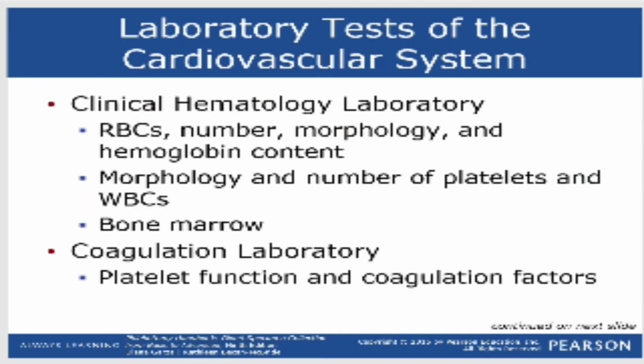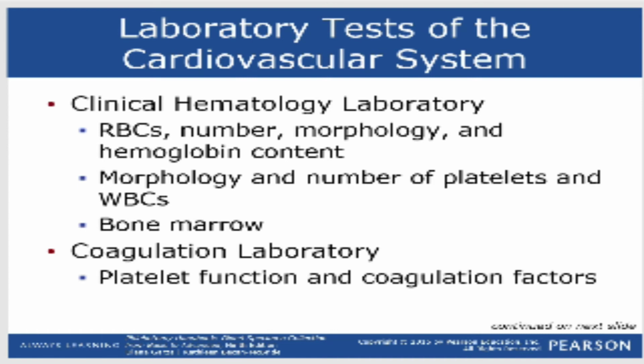So if you're doing labs on the cardiovascular system, you may be looking for red blood cells, how many there are, what do they look like, what is the hemoglobin, how many white blood cells are there, what does their bone marrow look like. So you may be drawing whole blood, or you may be doing tests on the plasma or tests on the serum.